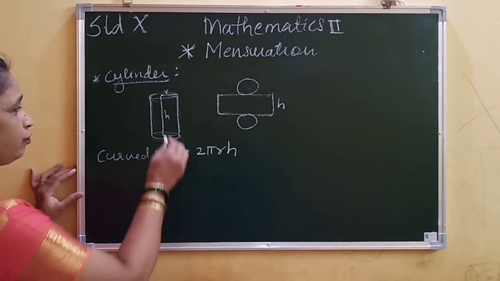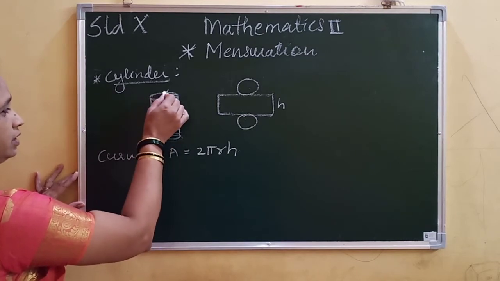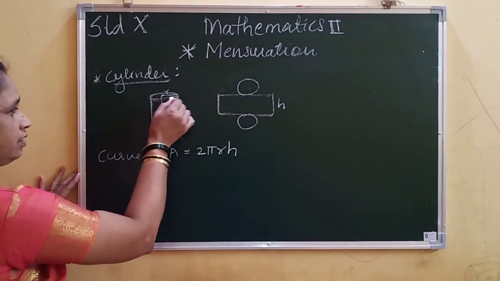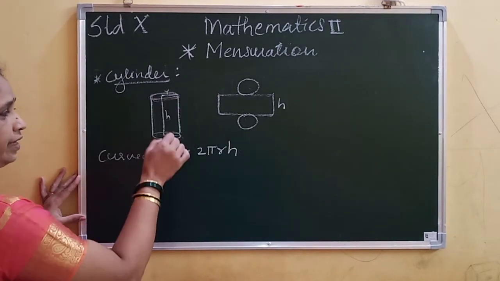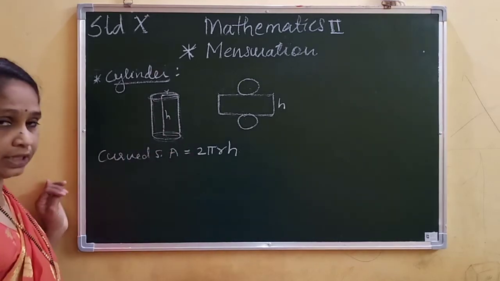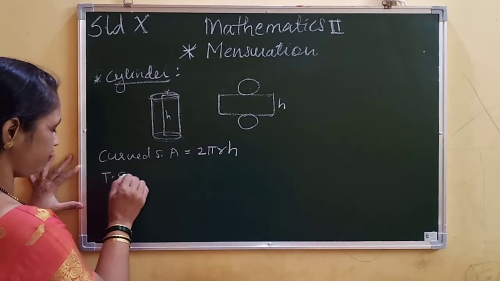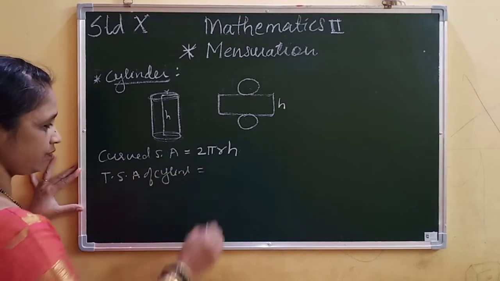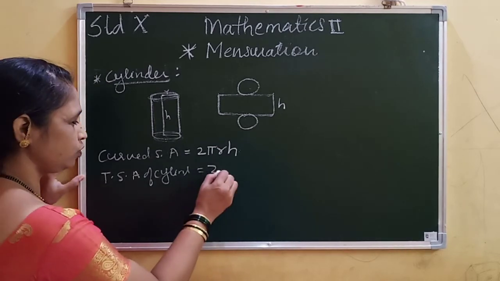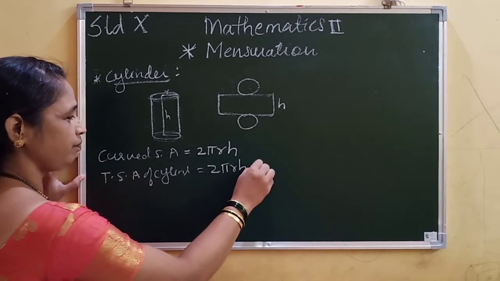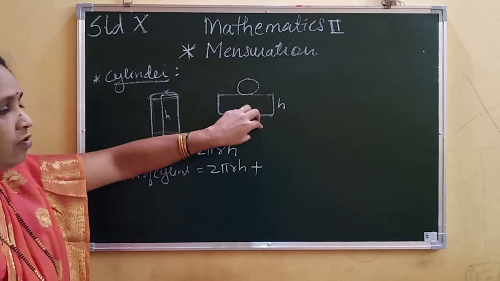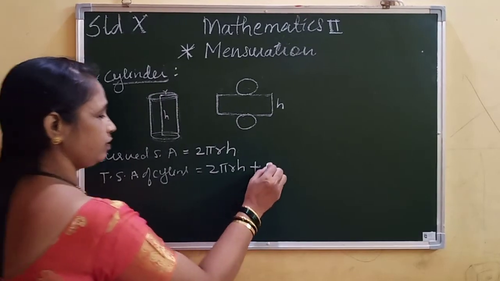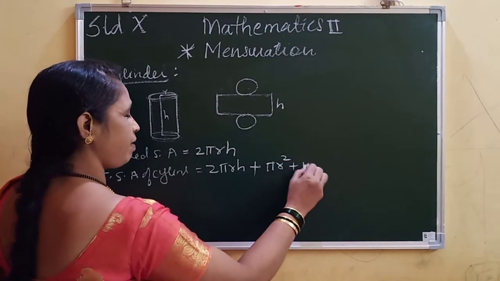Now we have to find out the total surface area. In total surface area, what will we get? The two circular parts and this curved surface area. So total surface area of a cylinder is 2 pi r h plus the area of this circle and the area of this circle, meaning pi r square plus pi r square.